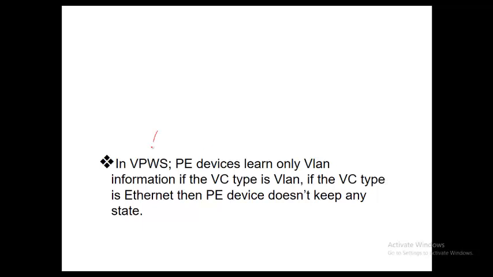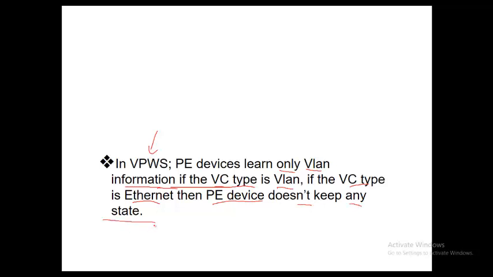PE devices learn only VLAN information if the virtual circuit type is VLAN. If the virtual circuit type is Ethernet, then the PE device does not keep any state.